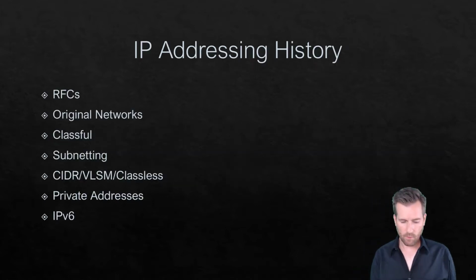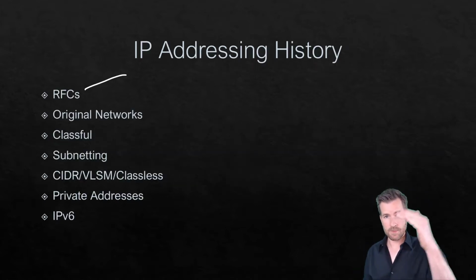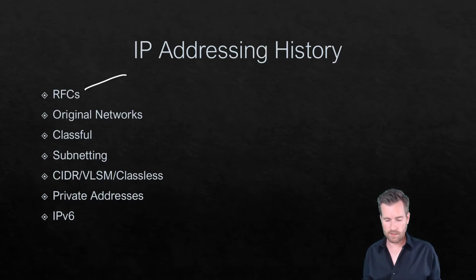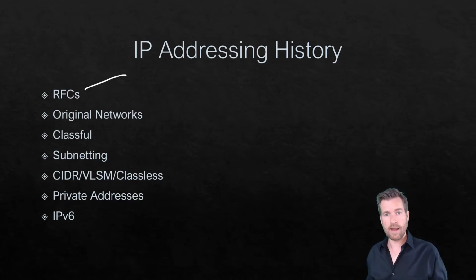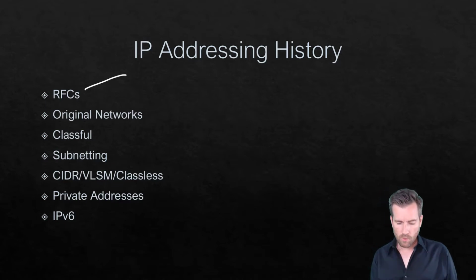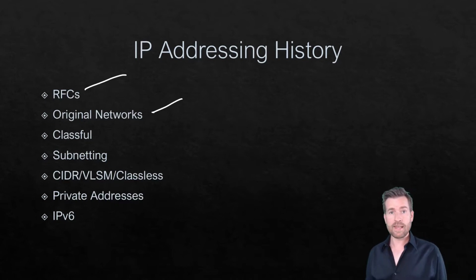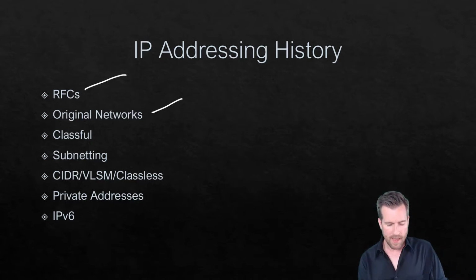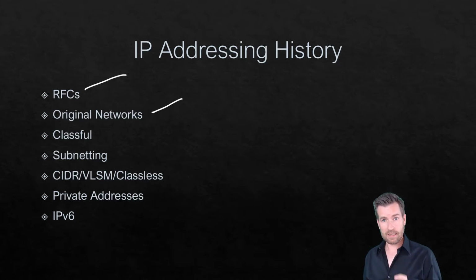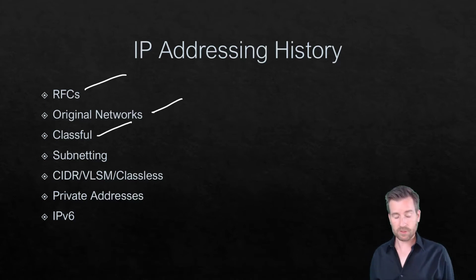So there you have it. We talked about RFCs, and I talked about specific RFCs as we worked through the different years and different iterations as IPv4 grew and then IPv6 came out. We talked about some of those original networks, or the first iterations of IP addresses, and how that was very limiting to only 256 network possibilities. So we created the Classful system.